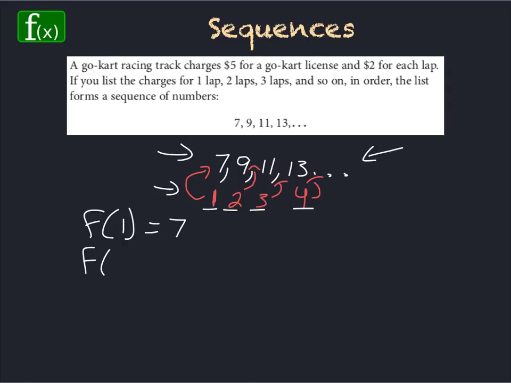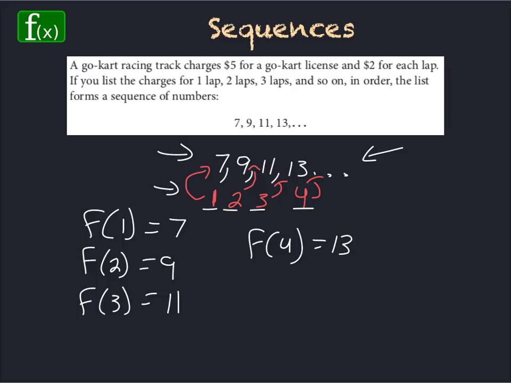At position 2, my term is going to be 9. And you would read this as f of 2 equals 9. And we already know that. We've discussed that in class. So f of 3, my position is at 3, my term would be 11. When my position is 4, my term would be 13, and so on, and so on, and so on. So that's how we would write this.